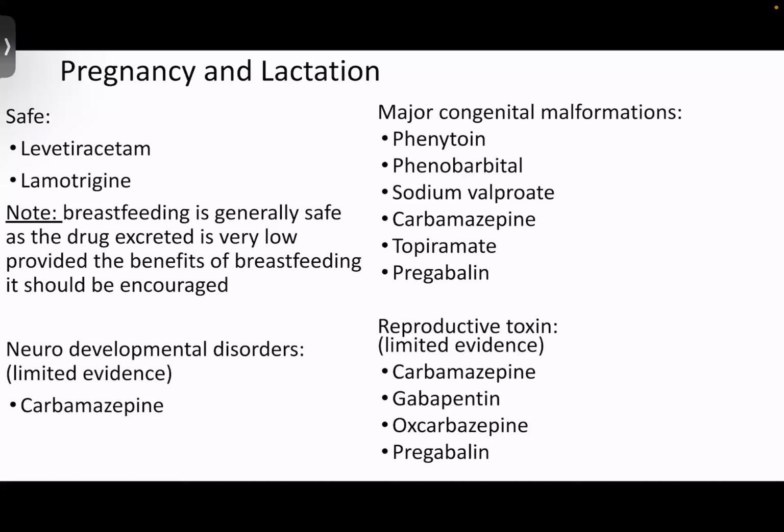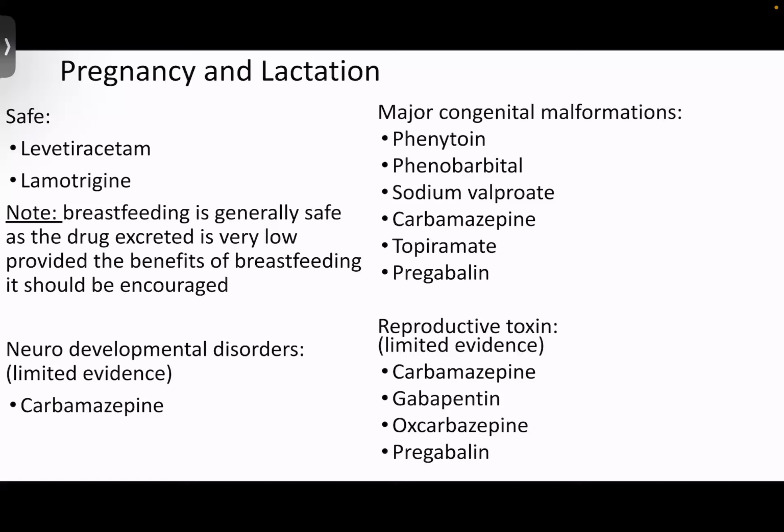Coming to pregnancy and lactation, the safest, well-studied drugs among the anti-seizure medications are levetiracetam and lamotrigine. In breastfeeding, generally the amount of drug that is excreted in the breast milk is very low. So breastfeeding should be encouraged, though the patient is on anti-seizure medications. Some drugs are associated with major congenital malformations like phenytoin, phenobarbital, sodium valproate, carbamazepine, and recently topiramate and pregabalin.